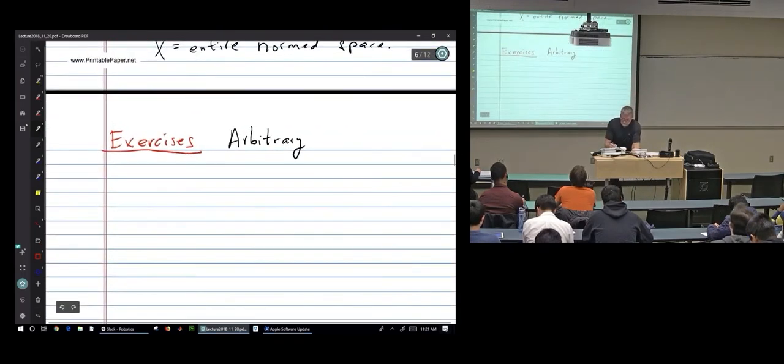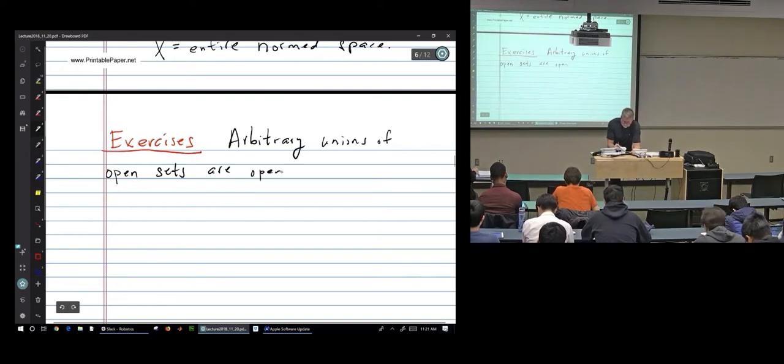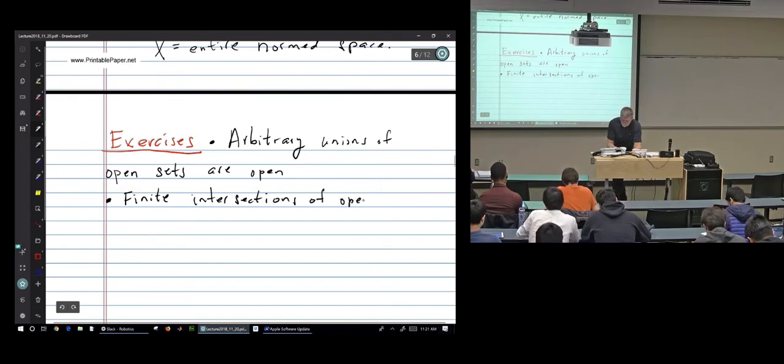Okay, so here are the exercises. Arbitrary unions of open sets are open. Finite intersections of open sets are open.